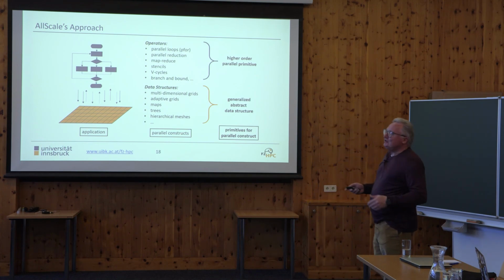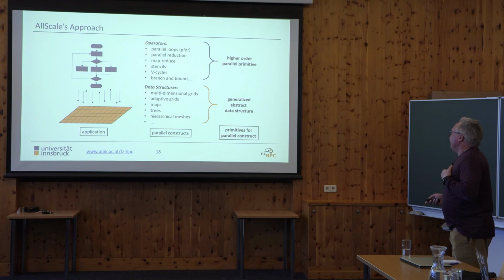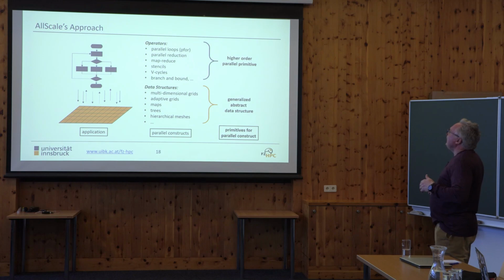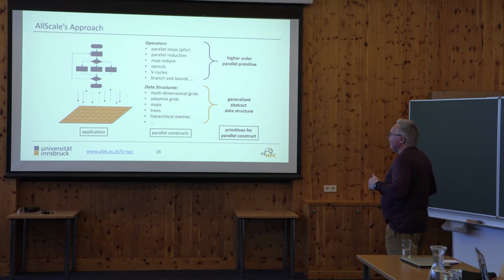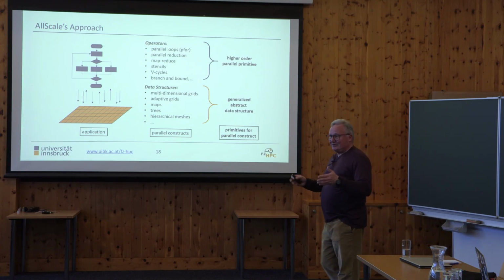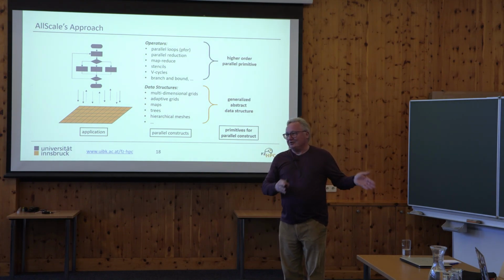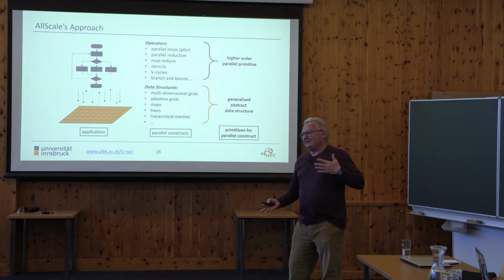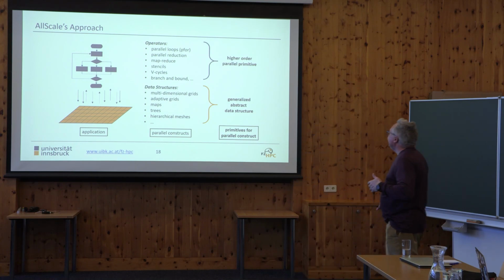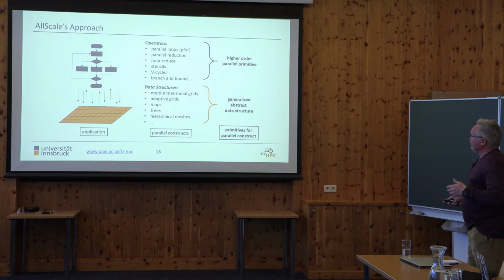But an extension to well-known data structures from our point of view was quite feasible. So some of them we implemented and provided. So we had to use our operators under C++, but you also had to use our data structures. So it was not easy to convert an existing parallel program, like in MPI. It really means you have to start from scratch in order to work with AllScale.